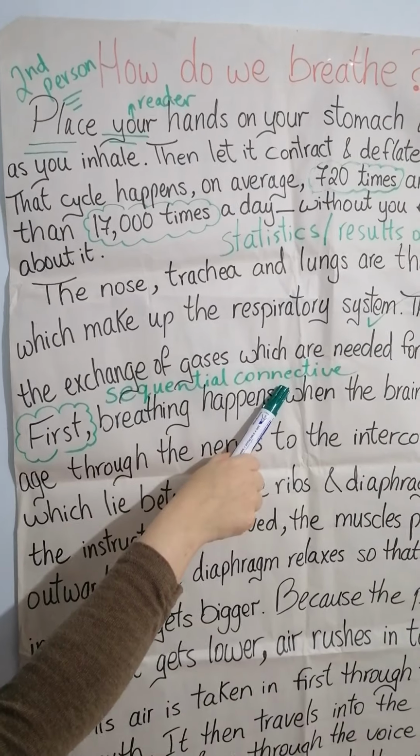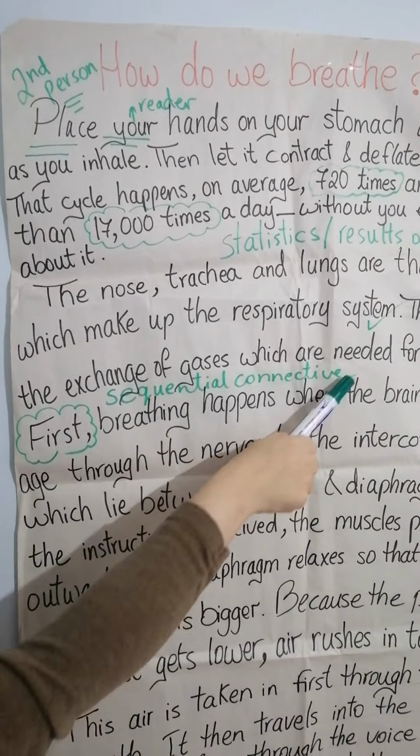Sequential, connective. We know that connective is a conjunction. It's a linking word. The job of this connective is to link the paragraph here to the following paragraph. It's a linker. Why do we call it sequential? Because it shows the sequence. It shows the sequence of the process. What happens first, what happens next, and what happens third.